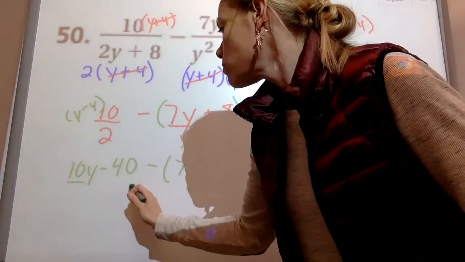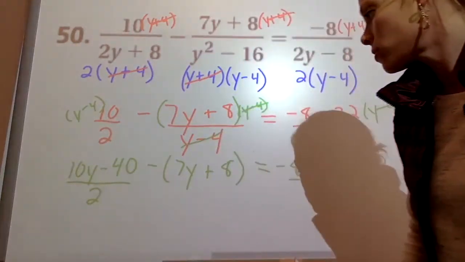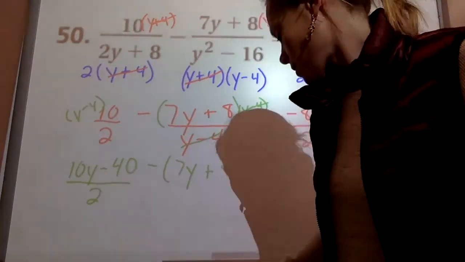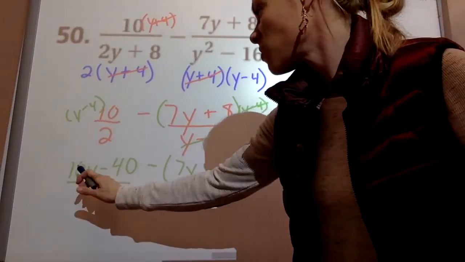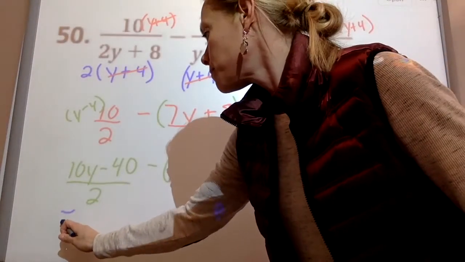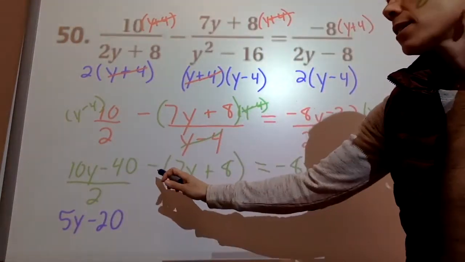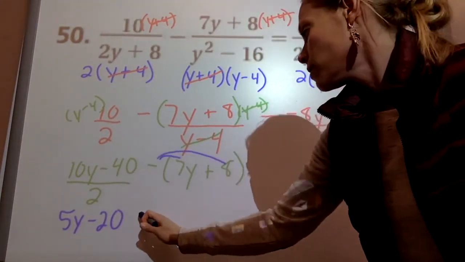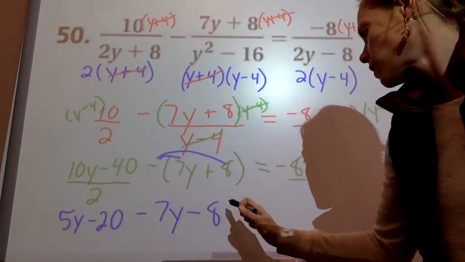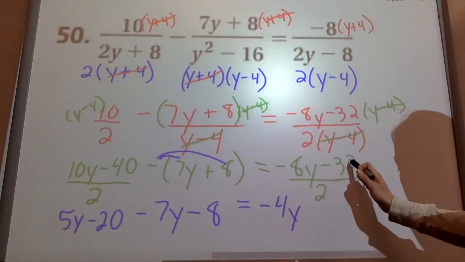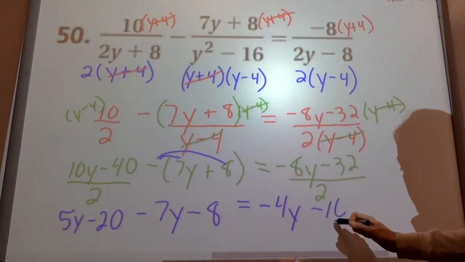And what you can do, you can go ahead and divide by 2, or you can multiply by 2, your choice. Because if you notice, if you're dividing by 2, that's 5. That becomes 20. This negative gets distributed. 8 divided by 2 is negative 4, and that becomes a negative 16.